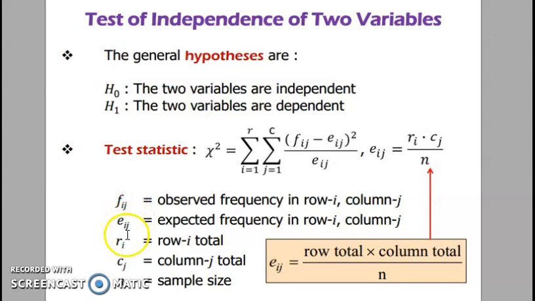Eij is the expected frequency for row i, column j. Ri is the row i total. Cj is the column j total, and n is the sample size. And this is the formula for the expected frequency in row i, column j, which is simply multiplying the row total and column total divided by n.